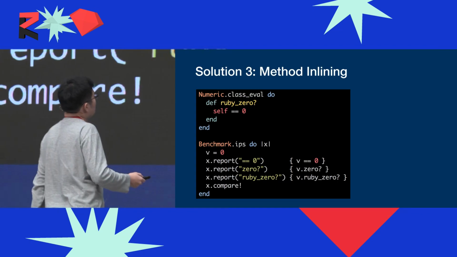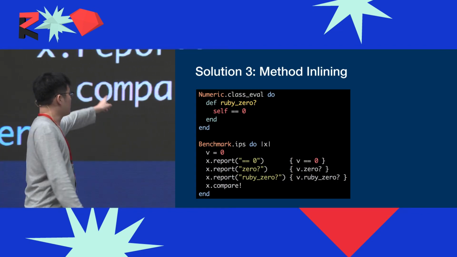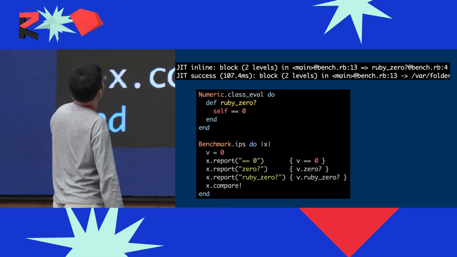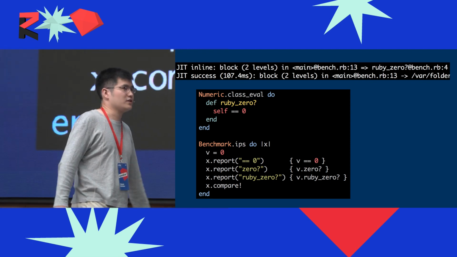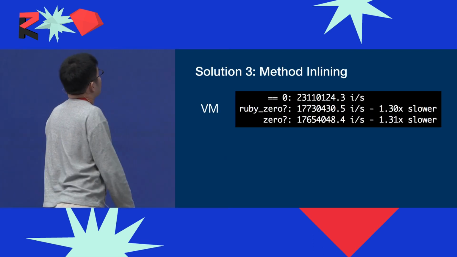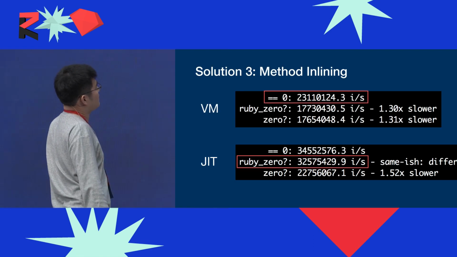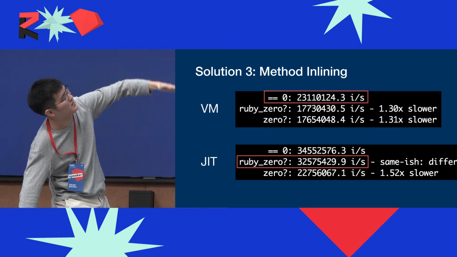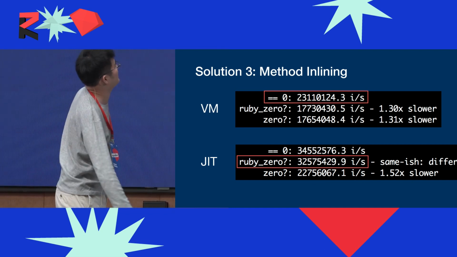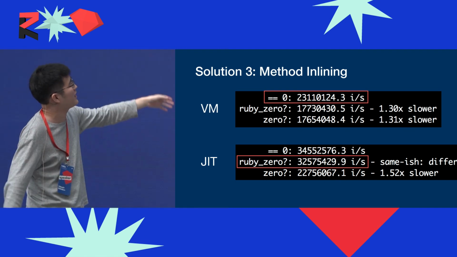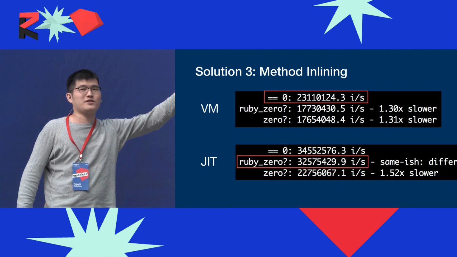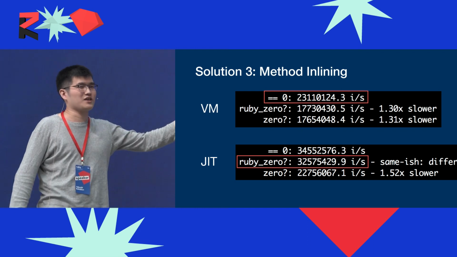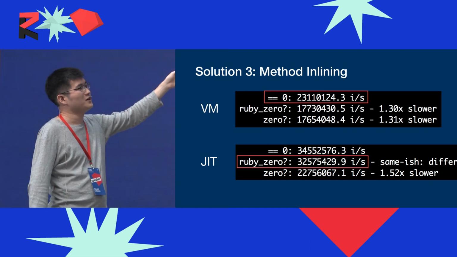Anyway, once we define the Ruby version of zero question, that generates the JIT inline, as I showed in the JIT purpose one. It improves the performance a lot. The bottom lower version is faster than the original equal zero. So now zero question can be faster than equal zero.